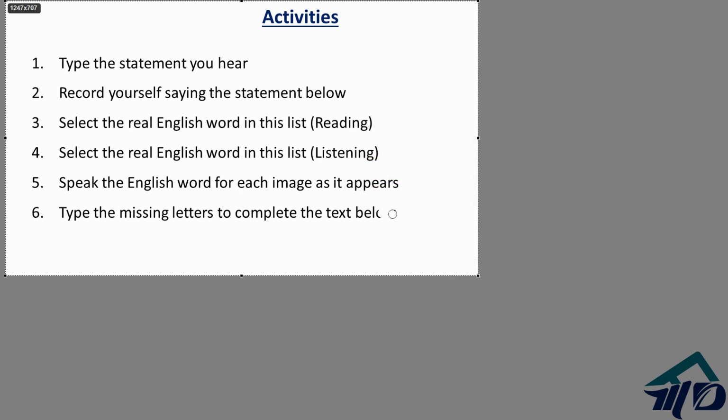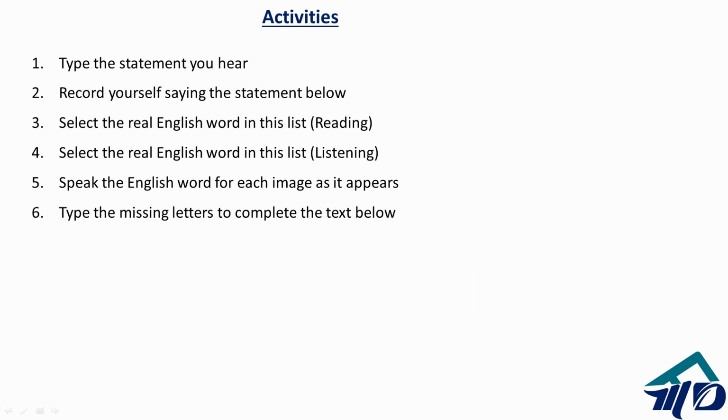For example, if this is missing, then you have to type O and W here. Let's say R and S is missing, or C and H is missing, you have to type that. So this is your sixth activity.